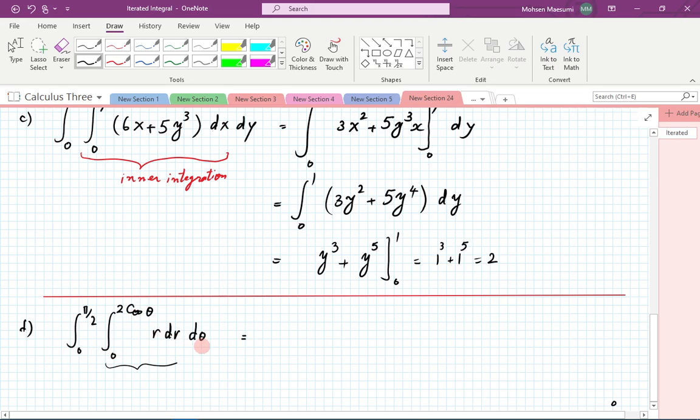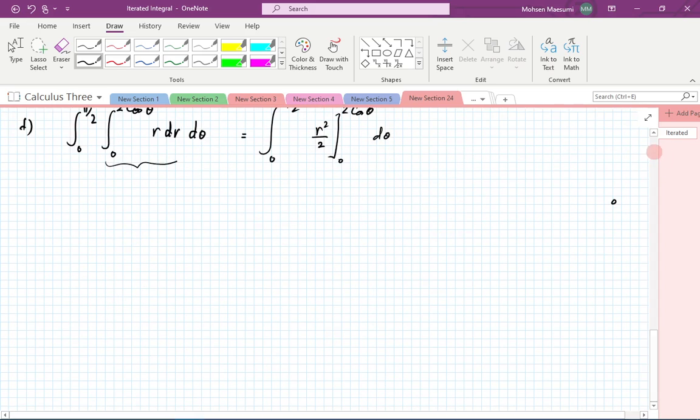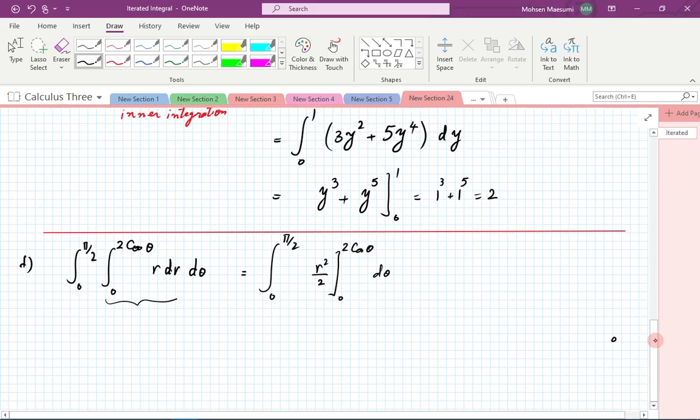and the outer integral will be with respect to theta. So what's the antiderivative of r? Well, let's write 0 to pi over 2. The antiderivative of r is r squared over 2. The limits are 0 to 2 cosine of theta, then d theta. Next, we put in the limiting values.